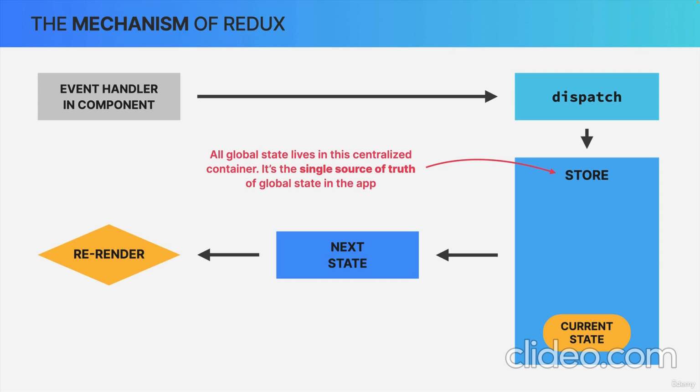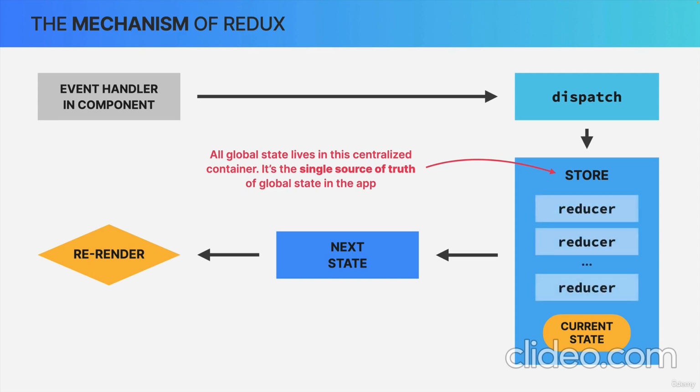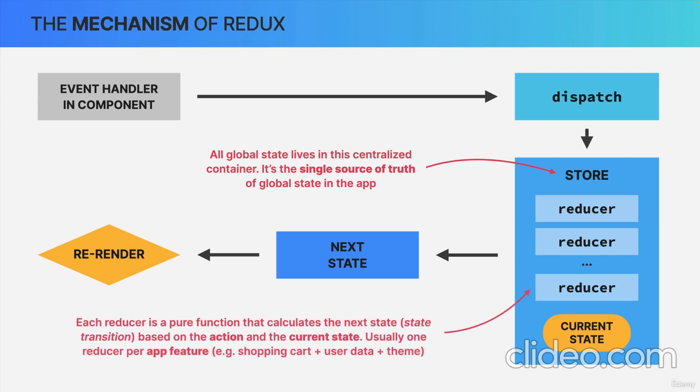The store is also where one or multiple reducers live. And just as a reminder, each reducer must be a pure function that has the single task of calculating the next state based on the action that was dispatched to the store and the current state that's already in the store as well.